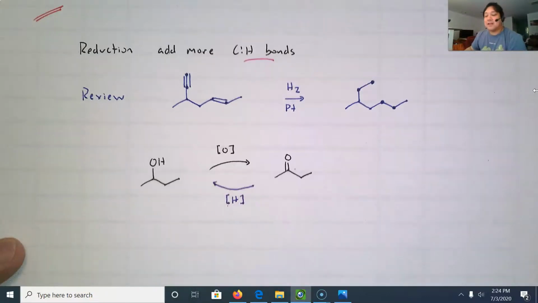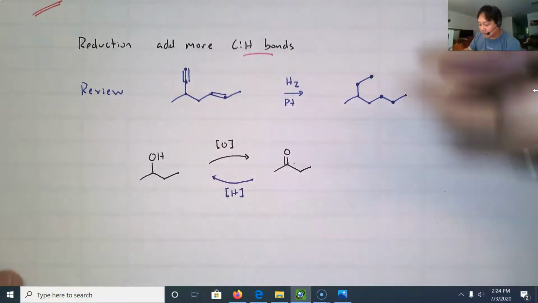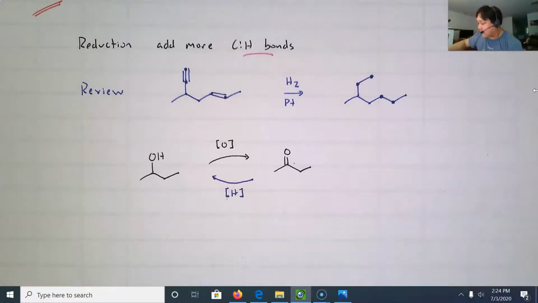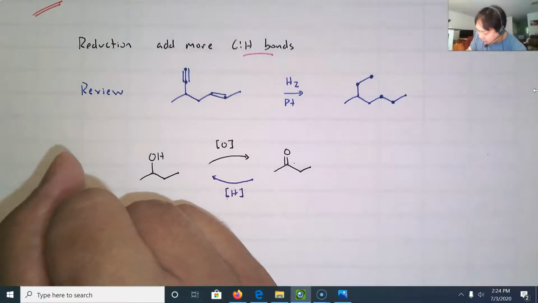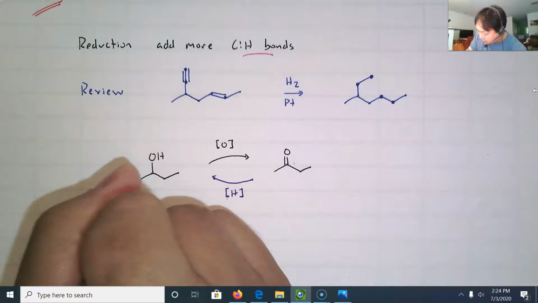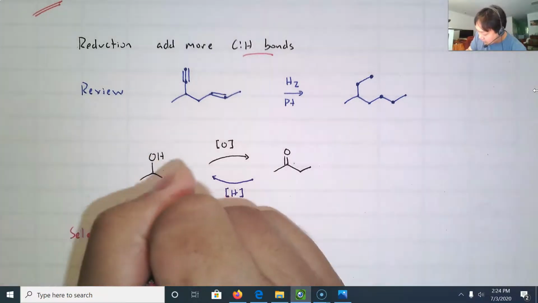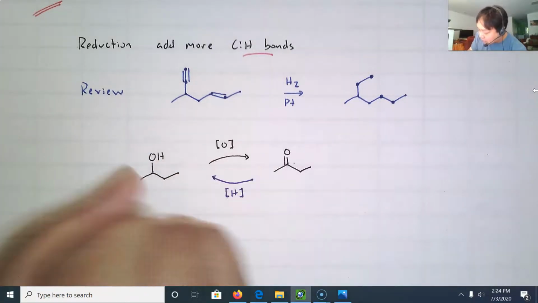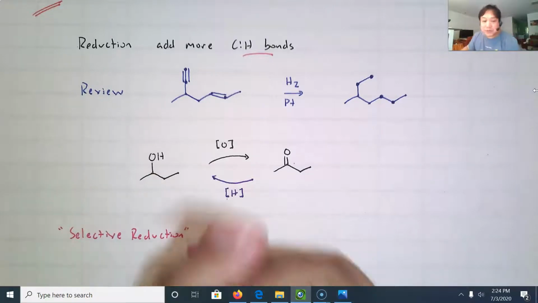Okay. Let me show you our first reduction. And I say first because we have several. We're going to look at selective reductions. How can we pick and choose what to reduce?